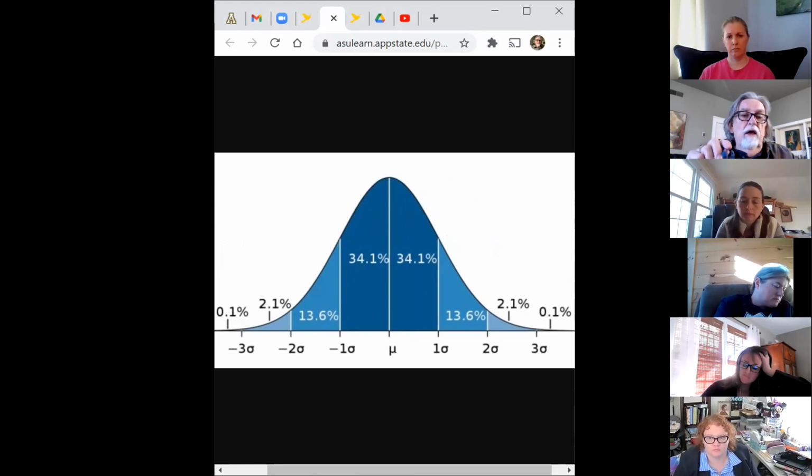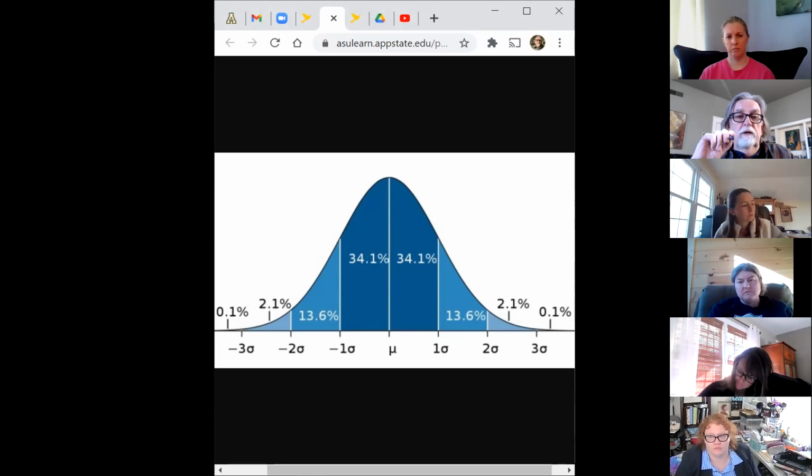Now, every single standard normal distribution, in other words, the distribution of standard scores, will have exactly the same areas under the different parts of the curve. So let's say you have a score that's SATs, and you have another thing that's GPAs on a large group of students.